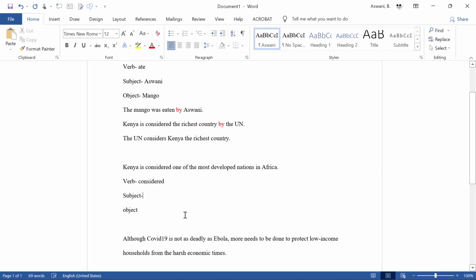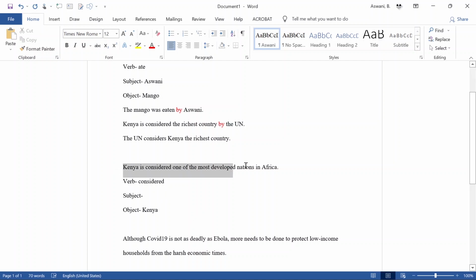The subject is missing, and the object in this case is Kenya. Kenya is the one feeling the impact of the word consider. Kenya is the one being considered. But who is now doing the consideration? We want to know the person considering Kenya to be the most developed. In this case, we don't have anyone, so it's missing.